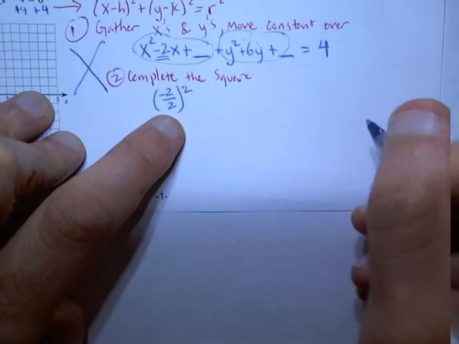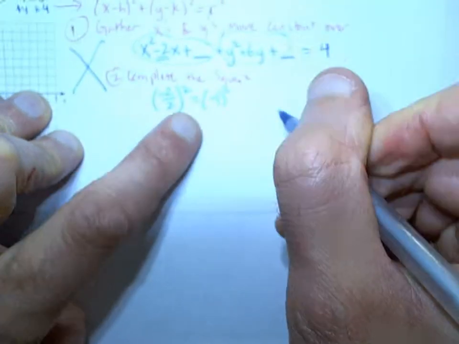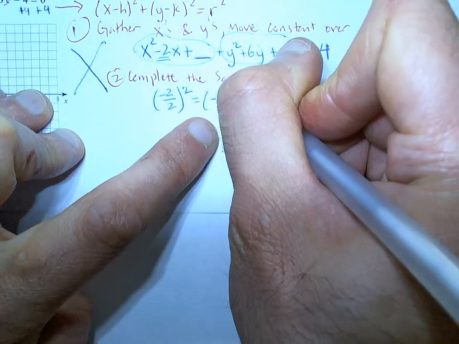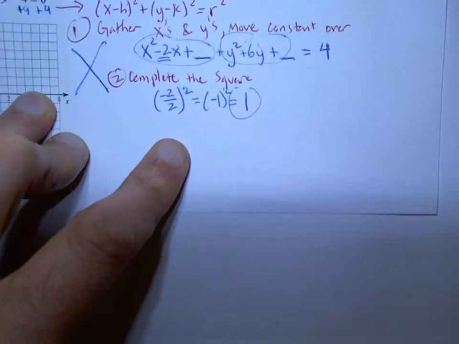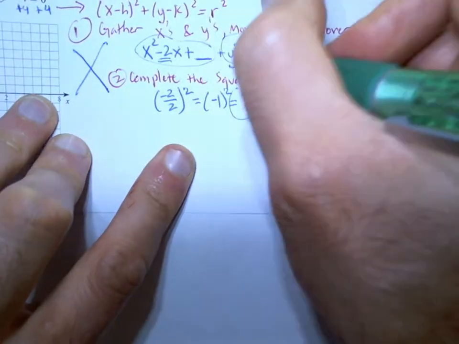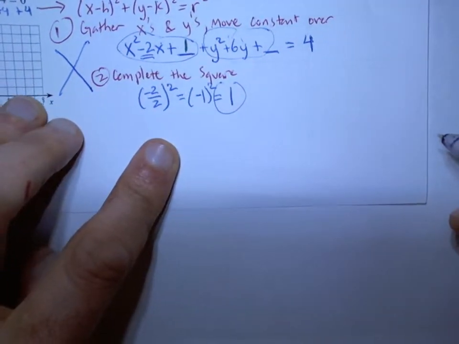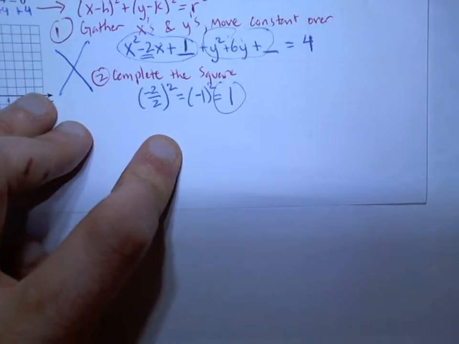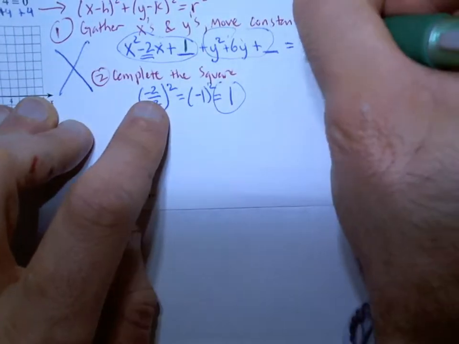Half of that would be -1. -1 squared, -1 times -1 gives you 1. So this number right here, we write that in green. Plus 1. Now my equation's unbalanced. So what do I need to do? Add 1 over here. You have to add 1 on this side.